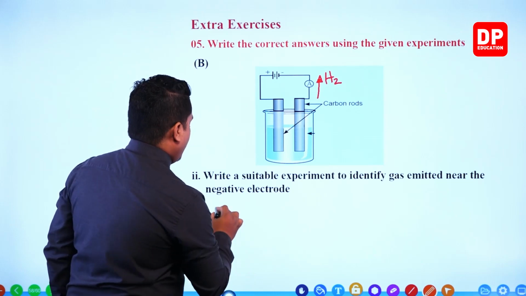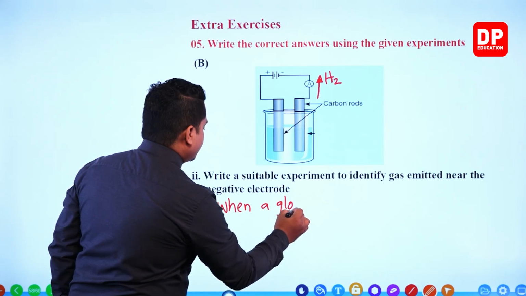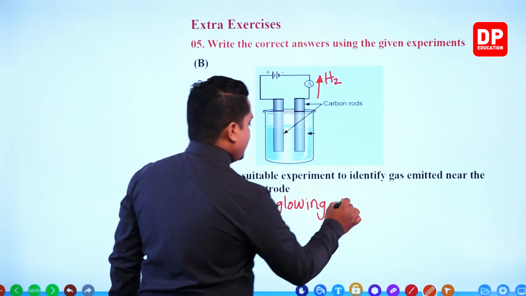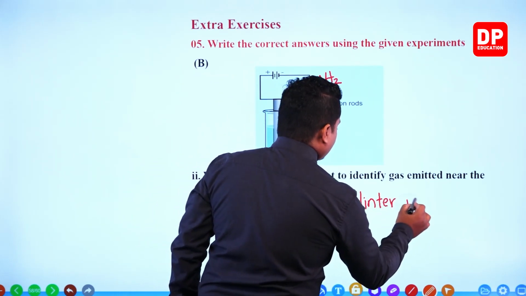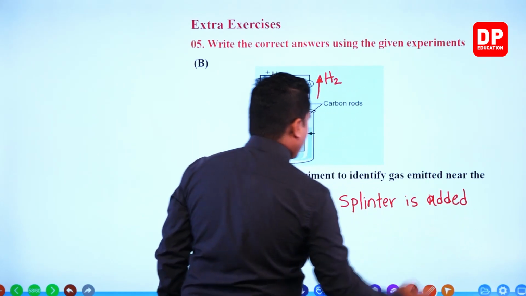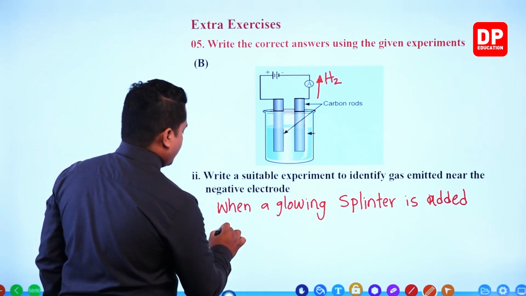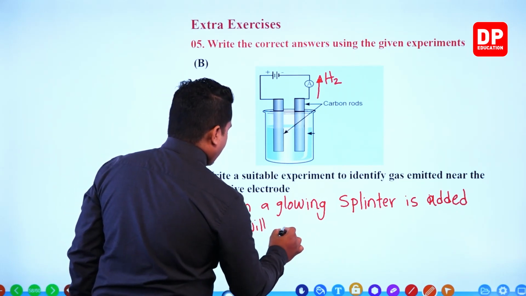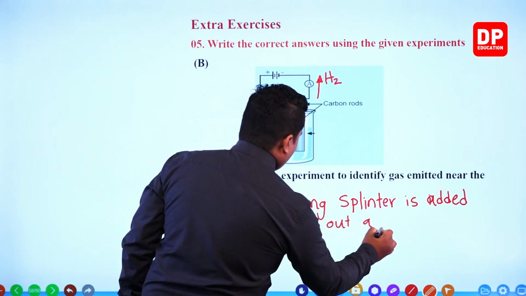So when a glowing splinter is added, it will give out a pop sound.